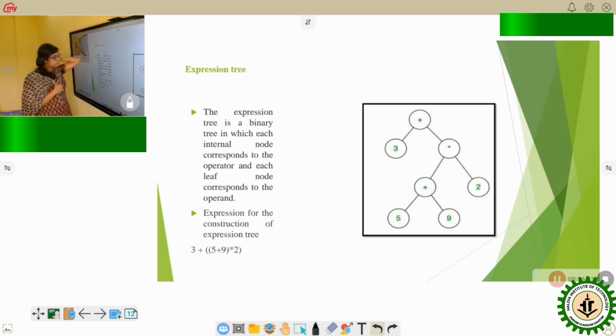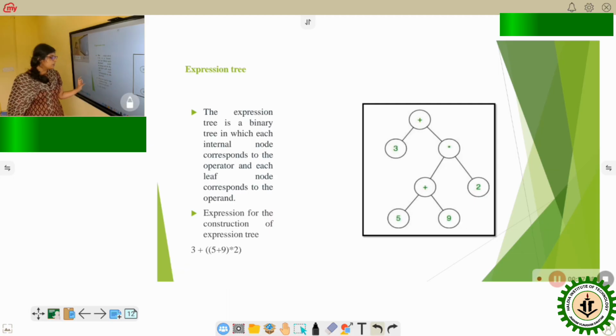So suppose there is an expression 3 plus first bracket open, again first bracket open, 5 plus 9 multiplied by 2 first bracket close. This expression is represented using an expression tree. So how can we represent this expression with the help of expression tree?